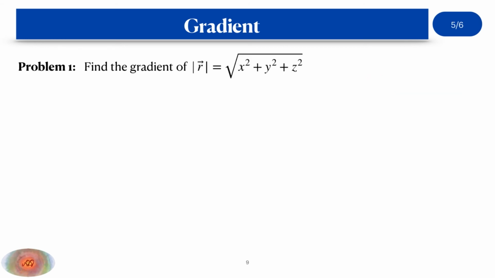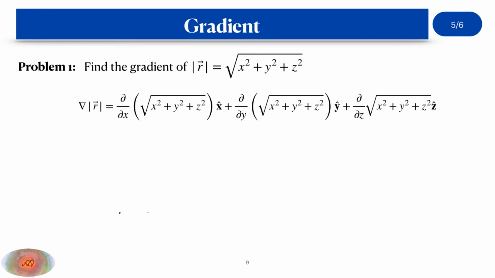Here I will discuss a simple problem on gradient, that is to find the gradient of the magnitude of the position vector. The step is very simple. Just apply the gradient, and we know this represents del x x cap plus del y y cap plus del z z cap.